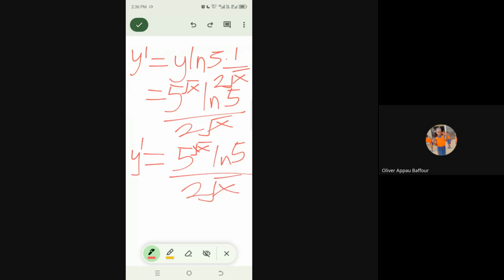And then you multiply by y and you'll be left with y prime equal to y times something. And earlier you stated that your y is equal to something and you insert it back in and then you find your derivative. So here you realize that it is the same thing.